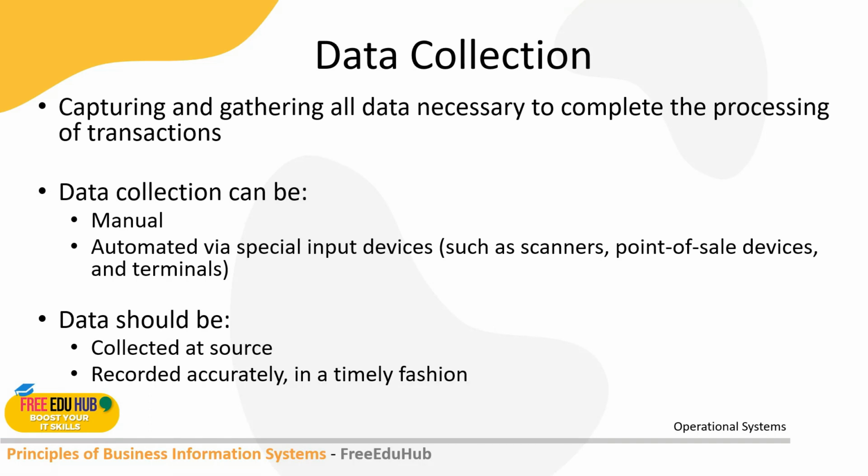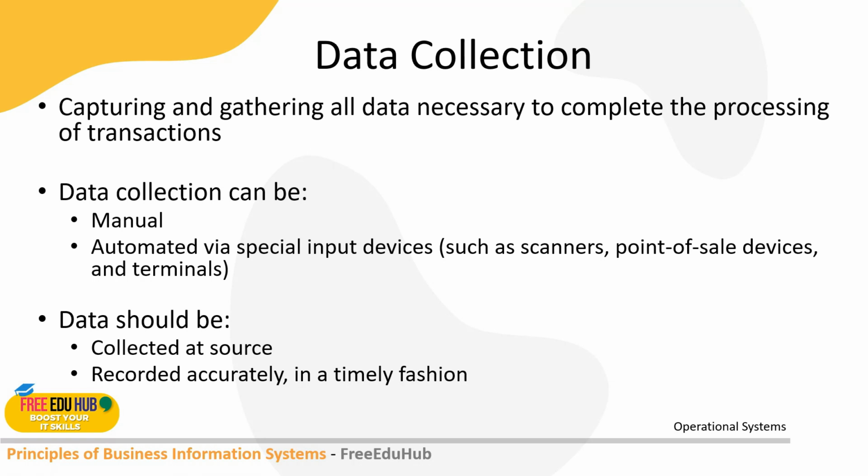It can be entered manually, or it could be automated via special input devices like scanners, point of sale devices, and terminals. As you can see in most of the stores, if you are buying a product, they are scanning the barcode of it, so instantly it is getting the price details of the product, if it's on discount or not, how many items are available in stock, what's the color, and all those things.